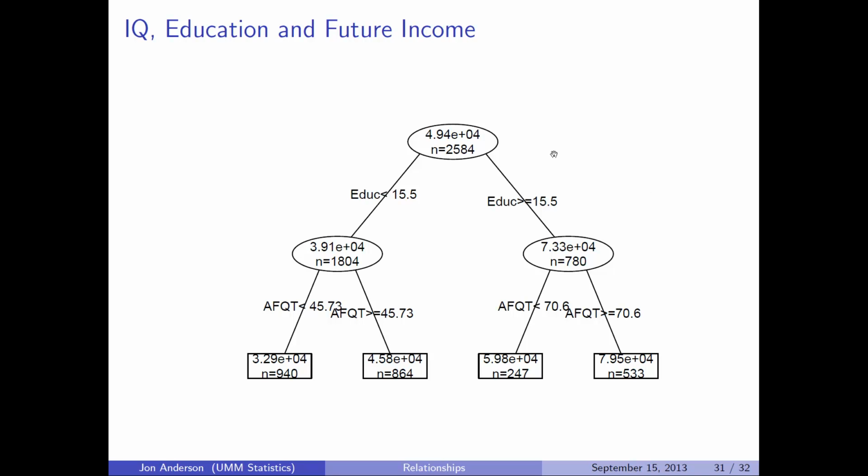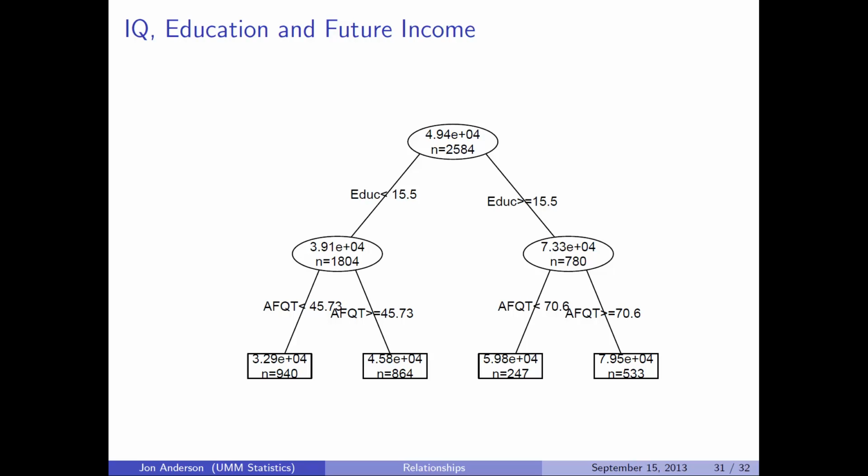And the way to read a chart like this is at the very top we have about 2,600 subjects, and here is their average income. And what we do is we try to find the factors that most distinguish between big and small incomes.